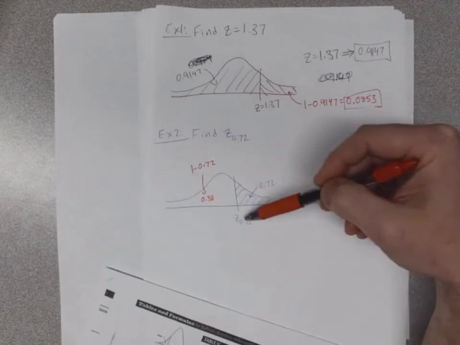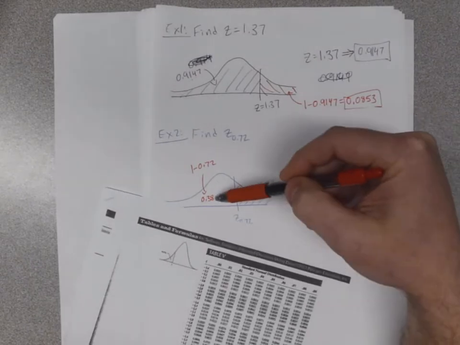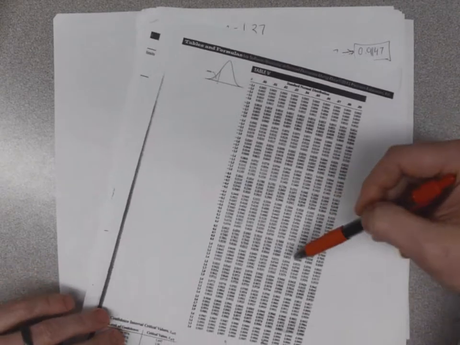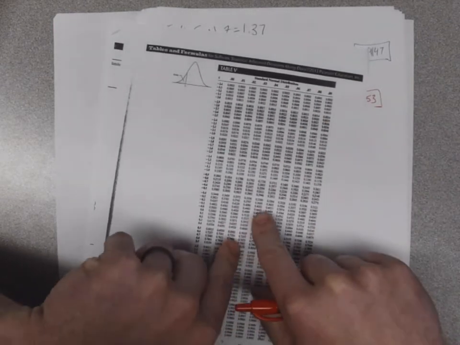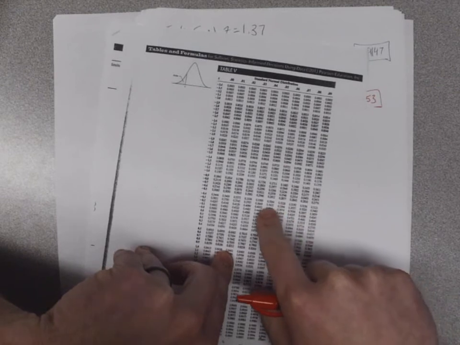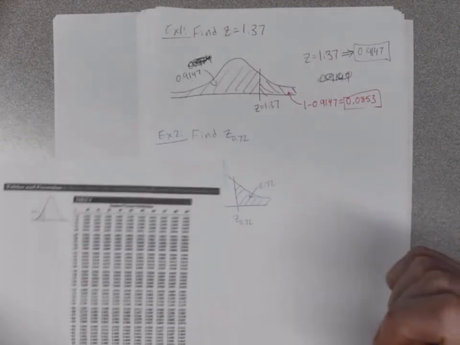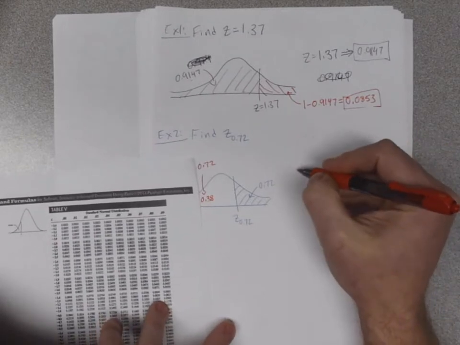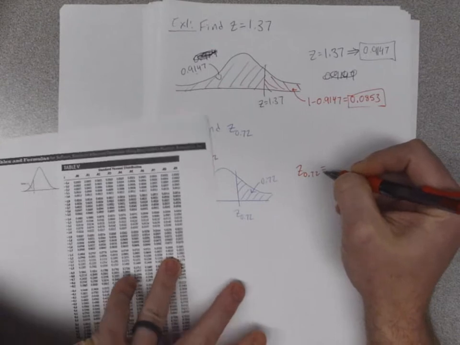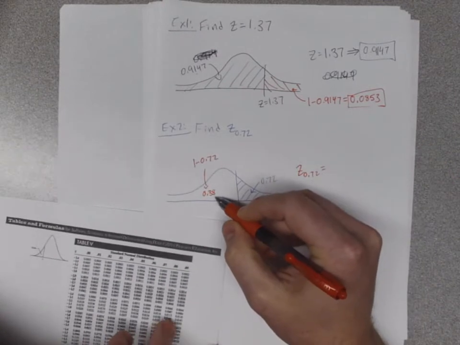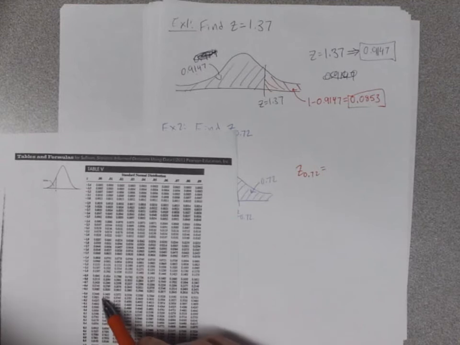Now we're given the proportion that we want in the tail over here, and so we look this proportion up, 0.38, in the body. So we look up in here 0.38, and we get, so this z of 0.72 is equal to, so I'm looking up 0.38 in the body of the z table, and I get, it's in between two numbers.